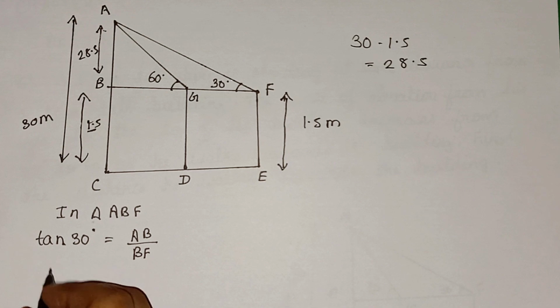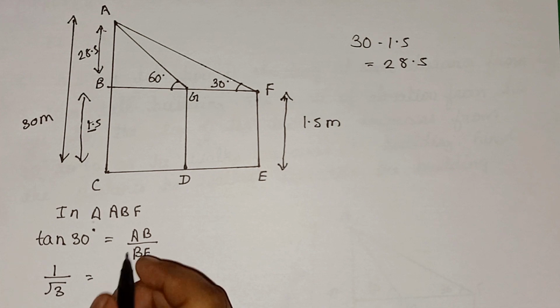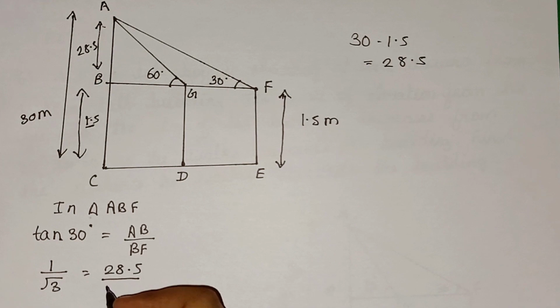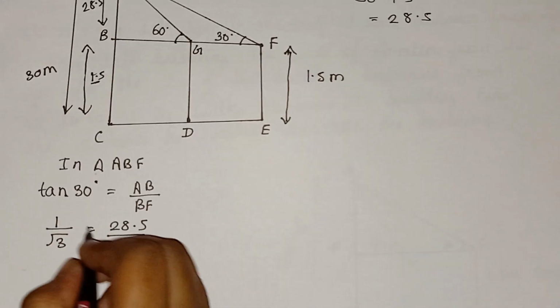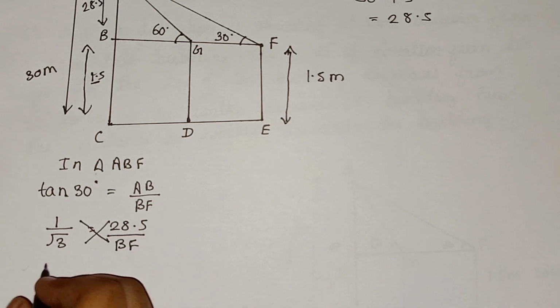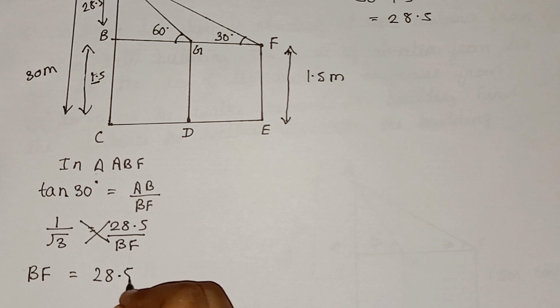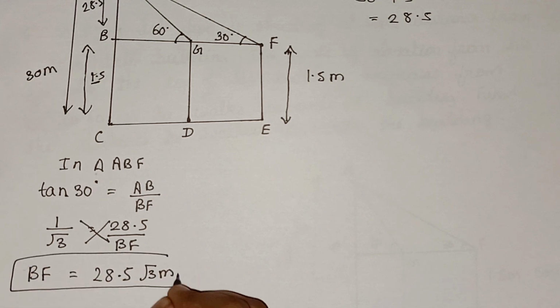So tan 30 degrees, whose value is 1 by root 3, is equal to AB, which is 28.5, by BF, which we don't know. Let's write it as it is and cross multiply. I'll get BF is equal to 28.5 root 3 meter. So this is our value for BF.